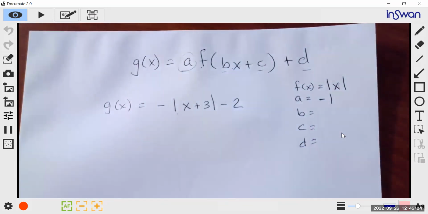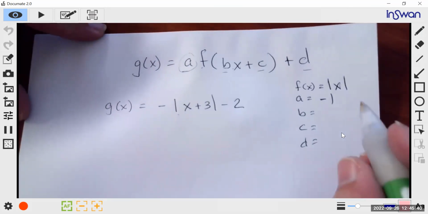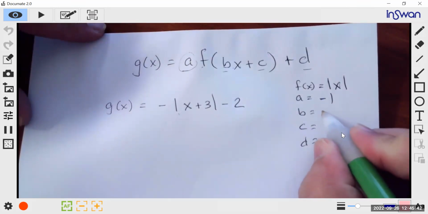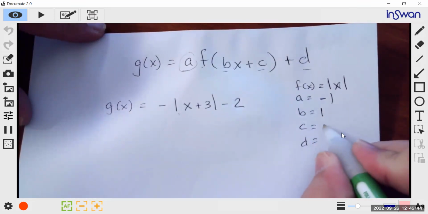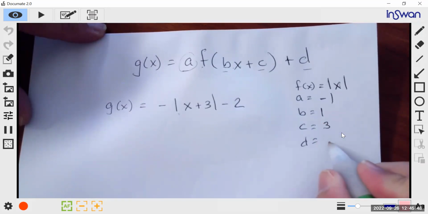Because we have to know what function we're dealing with. We did the library functions last time, didn't we? Yeah, so you have to know those 8 library functions because everything relates to those guys. What's b? c? d? -2.